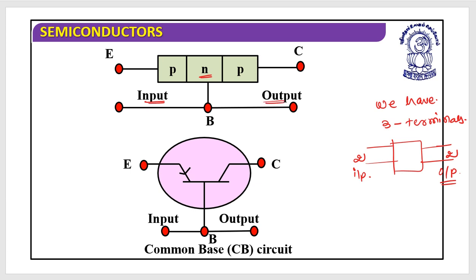If you see the schematic, this is the emitter, and as the arrow is pointing inside, it's a PNP transistor that has been shown. So this is how a common base transistor will look: on the input side, emitter and base, and on the output side, base and collector. So the base is common to both.